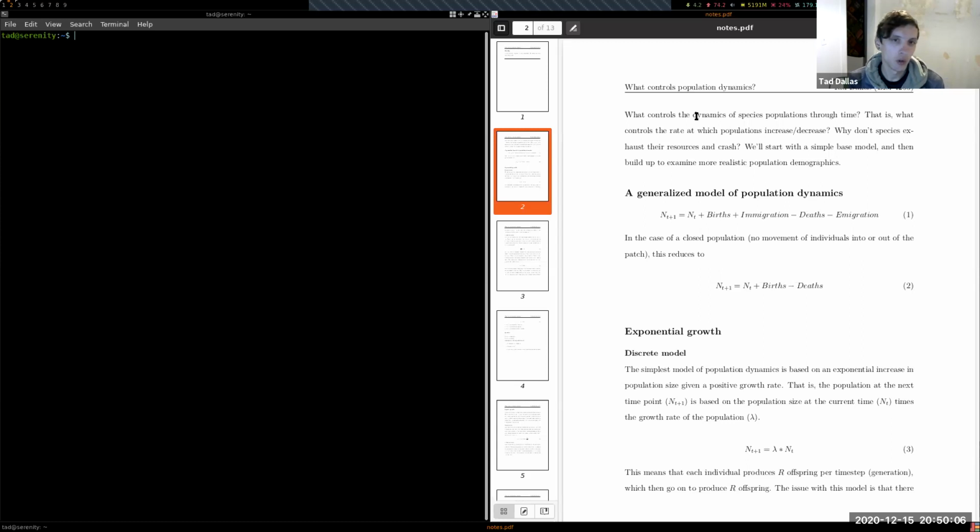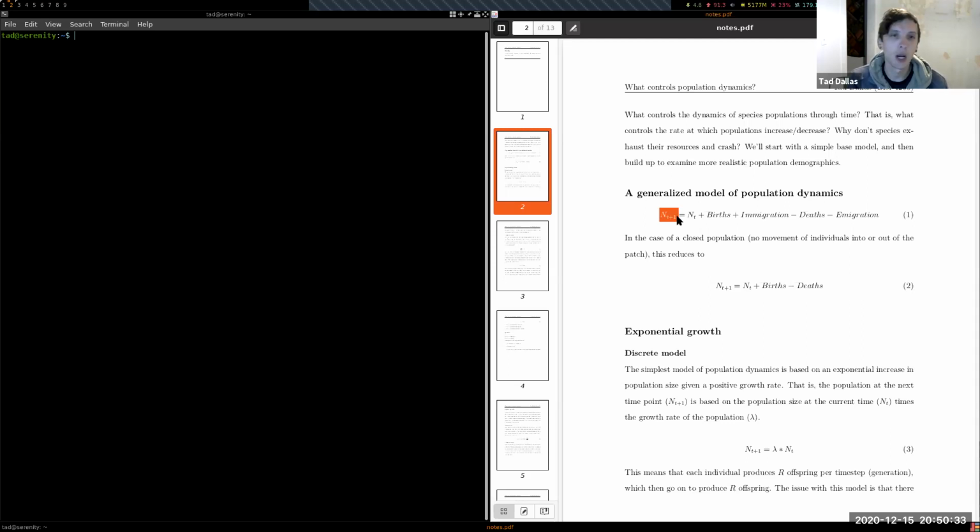And so the ones that we'll go over today, there are 2 specific submodels, but this first part is a very generalized, almost like word model of what it means to have a population changing through time. And so here on the side of the equation, we have N, which is a notation for the population size of that species.